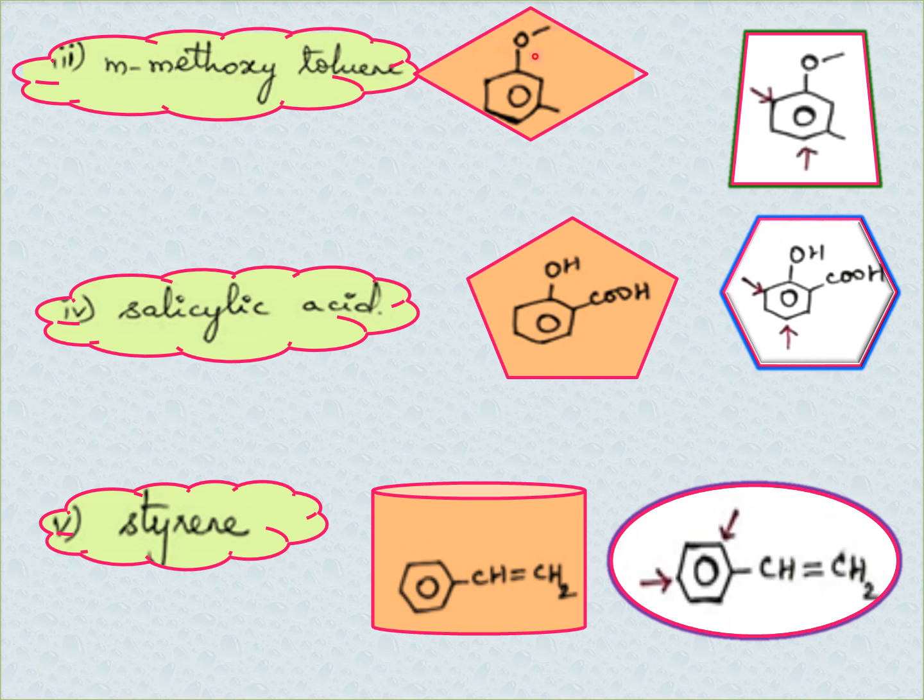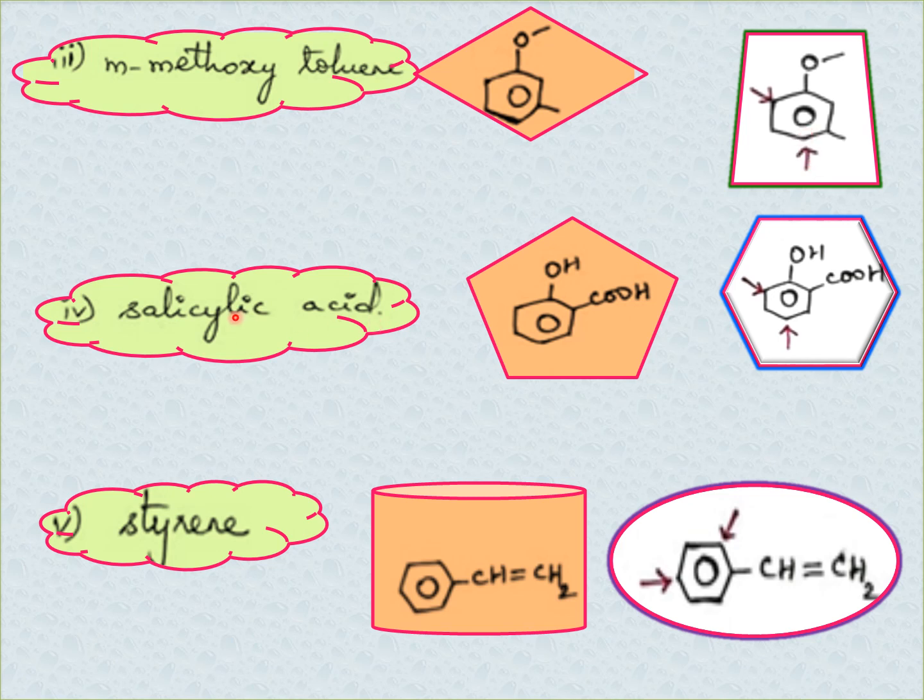So according to the methoxy position, the incoming group can go ortho to methoxy at this position only, not here. Even though it is ortho, it is in between 2 bulky groups, methoxy as well as the methyl group. The incoming electrophile, because of steric hindrance, doesn't go here. It goes to this ortho position as well as the para position, ortho to methoxy as well as para to methoxy.